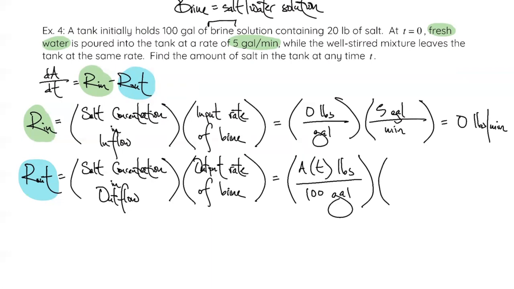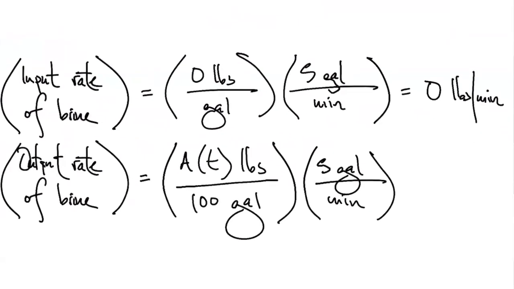Now, what is the output rate? Well, it says that the well-stirred mixture leaves at the same rate. So that means we're going to say 5 gallons per minute. Now, we're not going to get a number here, and that's okay.